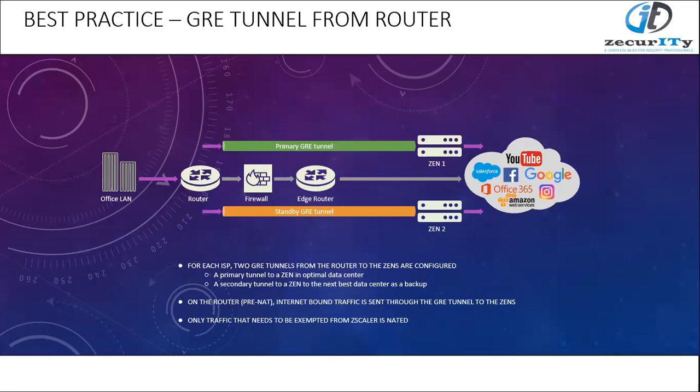The secondary tunnel will go to the next best optimal data center of Zscaler as a backup. So it is always recommended to send the pre-NATed traffic. Internet-bound traffic is sent through the GRE tunnel to the ZENs. Only the traffic that needs to be exempted from Zscaler is NATed and sent directly to the internet.